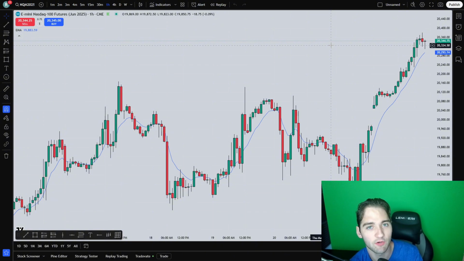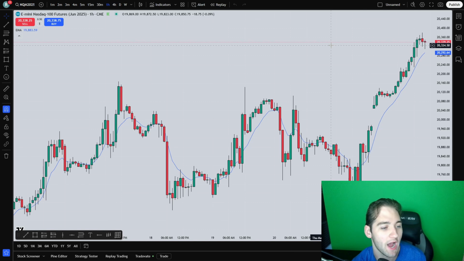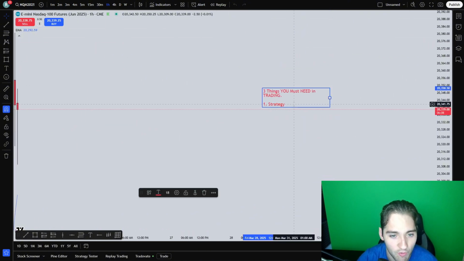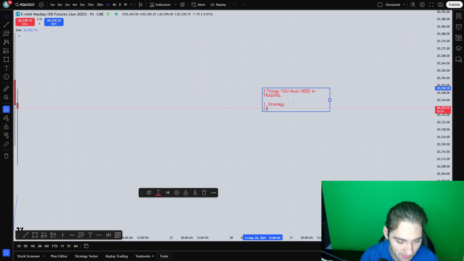When you have a bunch of confluences lined up, reasons why you're going to enter a trade because of your strategy, that's when you're going to win. You're not going to win every single time, but you're going to be making money over time because of consistency. So when it comes to trading, not only do you want a strategy, but you've got to have consistency.